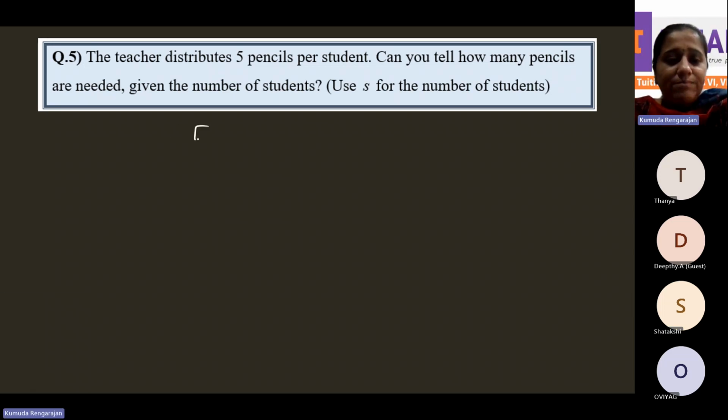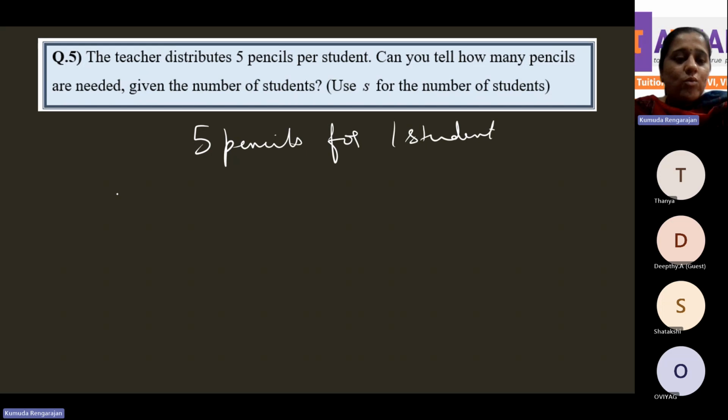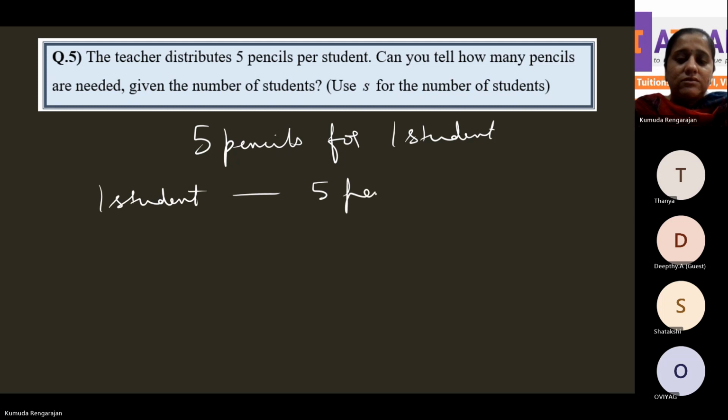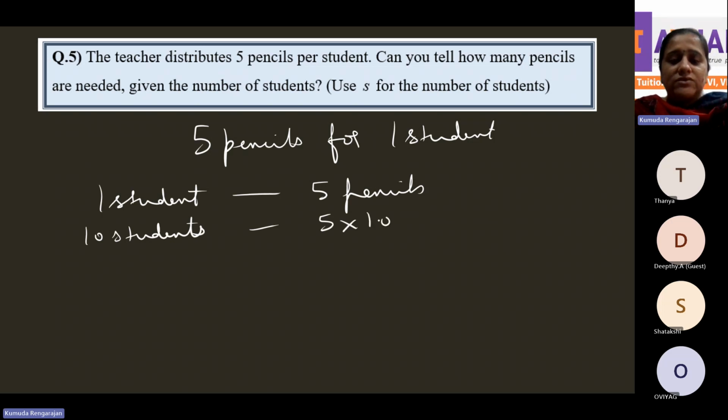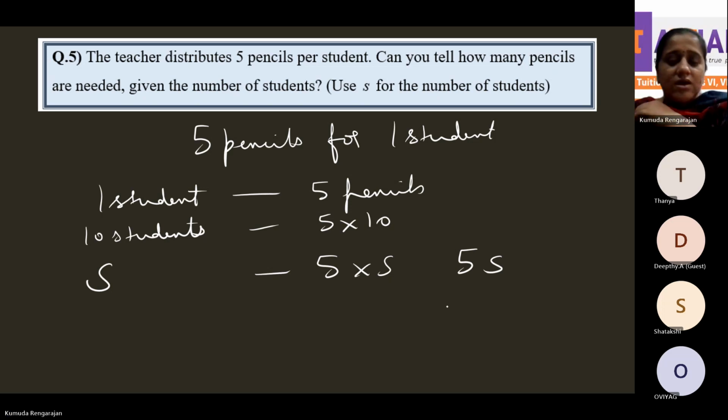One student takes 5 pencils. 10 students will take 5 into 10 pencils, 50 pencils. So S students will take 5 into S, that is 5S pencils. The teacher will need 5S pencils to distribute among S students.